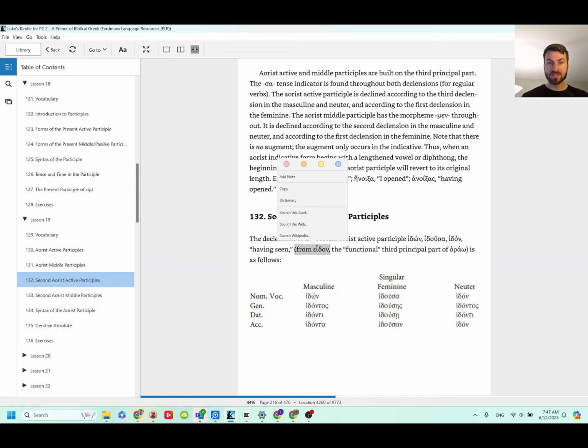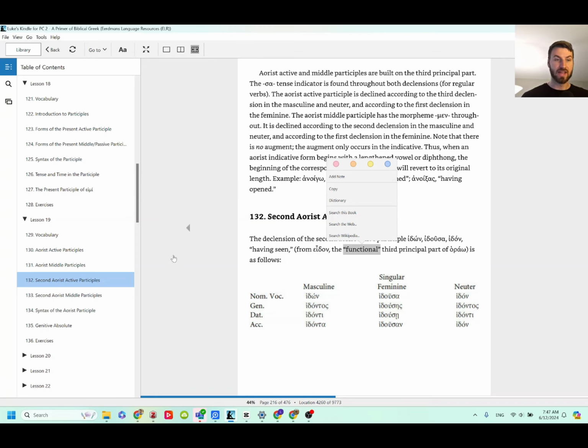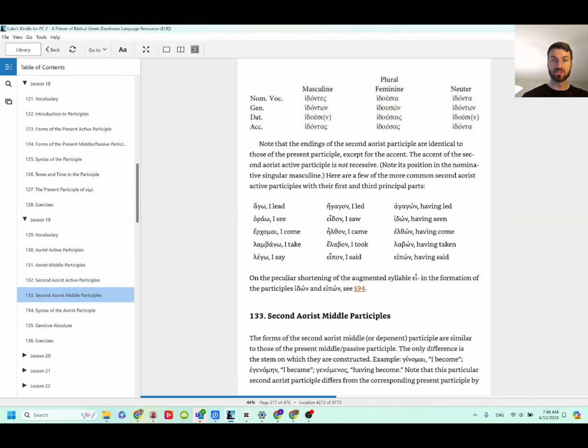So no new endings, but you'll recognize the second aorist by the stem change, which you're used to. The second aorist doesn't have the sa. It changes stem and uses different endings, which is what you would expect. So that is second aorist, active and middle. Those are all the endings there. No new endings, really. You just have to know how they fit.